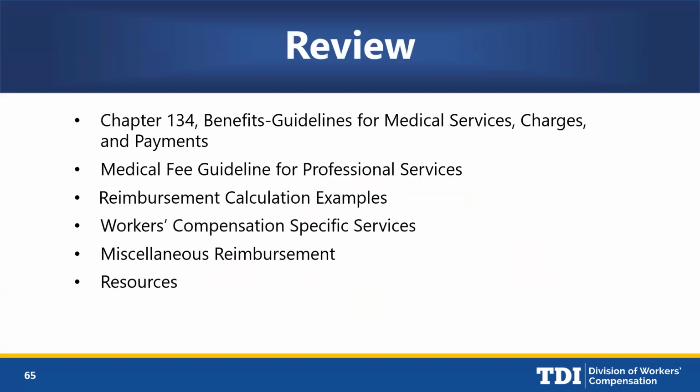Let's review what we've gone over. Chapter 134, all of those subchapters in there, and we focus specifically on the medical fee guideline for professional services, some reimbursement calculation examples, workers' comp specific services, some miscellaneous reimbursement opportunities out there, and your resources.